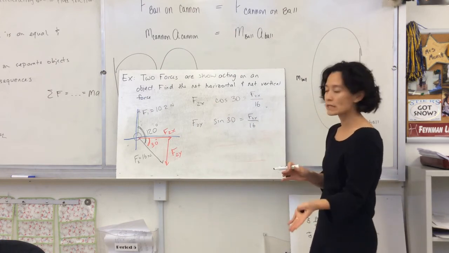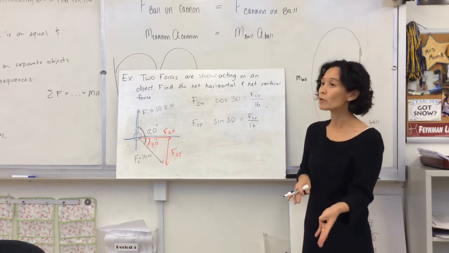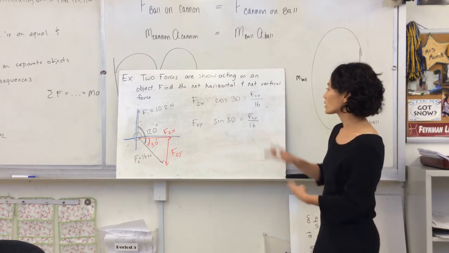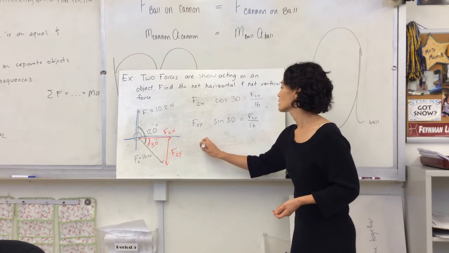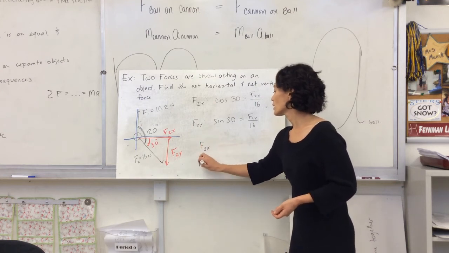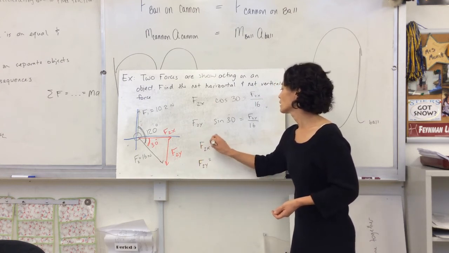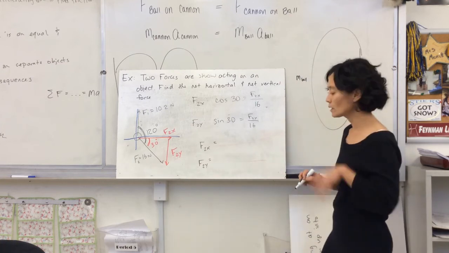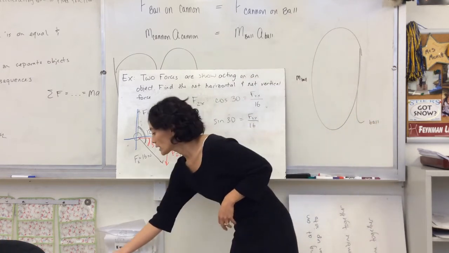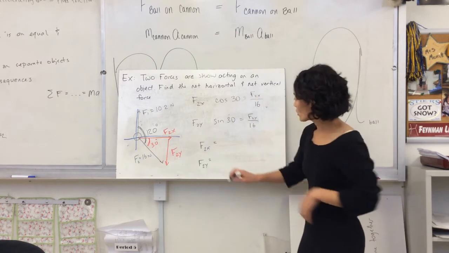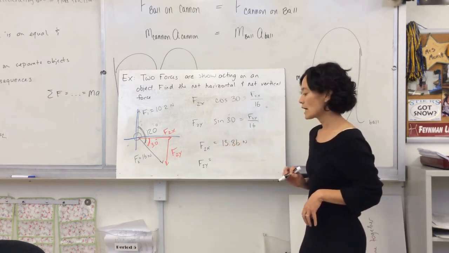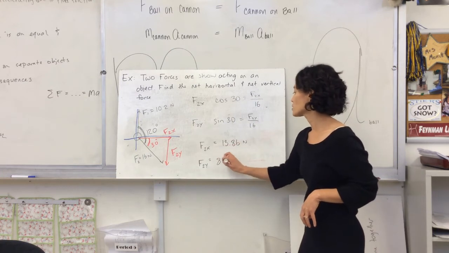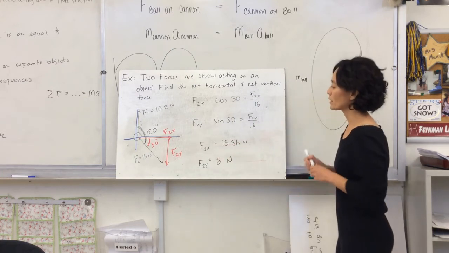Go ahead and take a moment to calculate these out, and remember you have to be in degree mode in physics. Calculate those out and get two values, one for F2x and one for F2y. When you calculate that out, you should get that your F2x is 13.86 newtons and your F2y comes out to be 8 newtons. Okay.